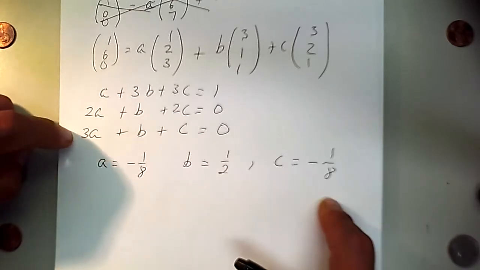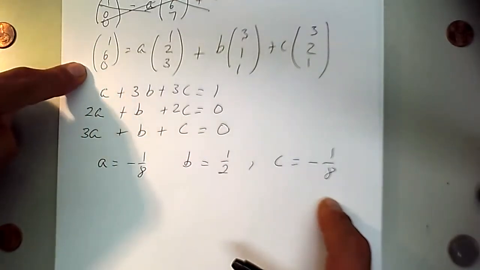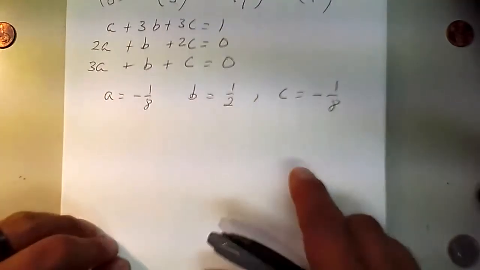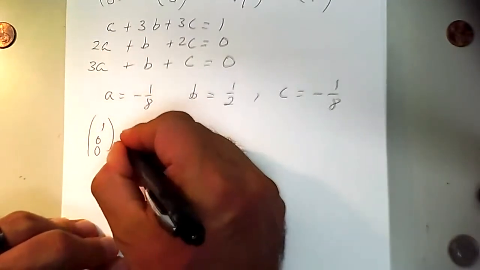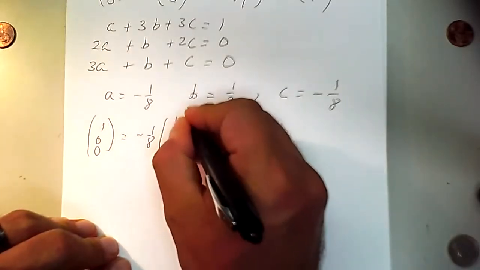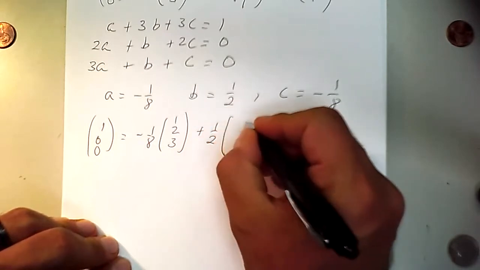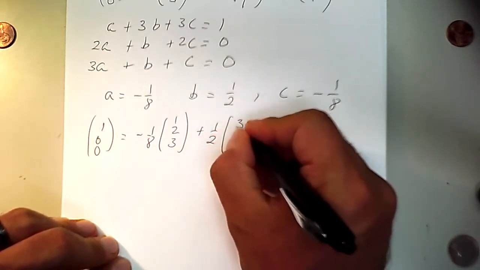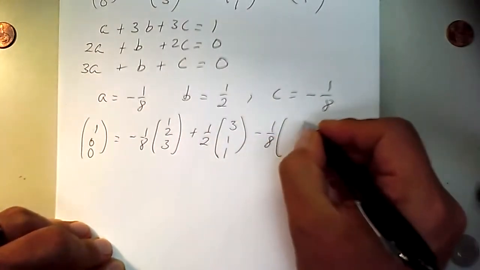So this combination works. Okay, so 1, 0, 0 is negative 1/8 of 1, 2, 3 plus 1/2 of 3, 1, 1 minus 1/8 of 3, 2, 1.